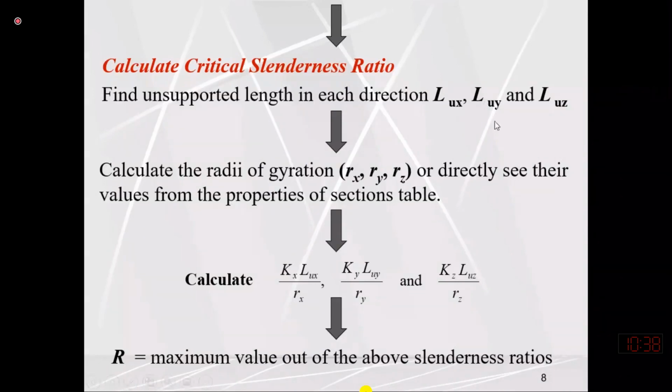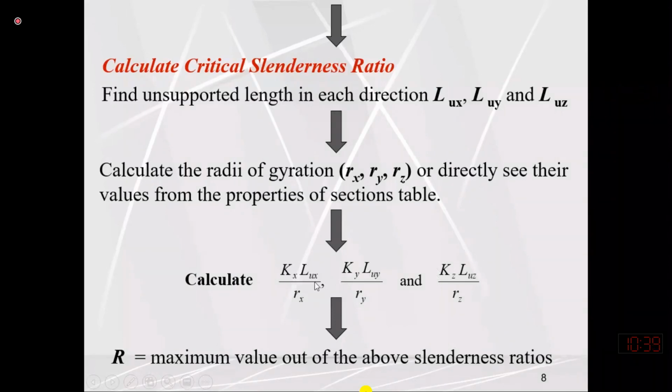Similarly, we may check from the section properties table what the radii of gyration are about x-axis and y-axis, and for single angle z-axis. We may compute the slenderness ratio about x-axis and also y-axis. In case of single angle, we only require the slenderness ratio about z-axis.